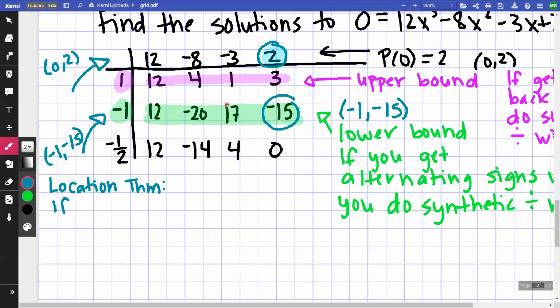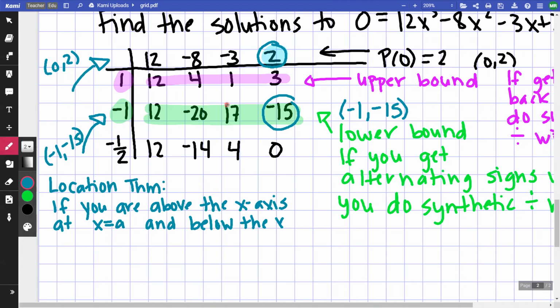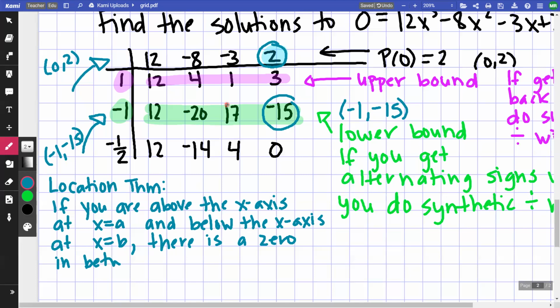If you are above the x-axis at x equal A, and below the x-axis at, let's say, x equal B, what has to have happened is there is a 0 in between x equal A and x equal B.